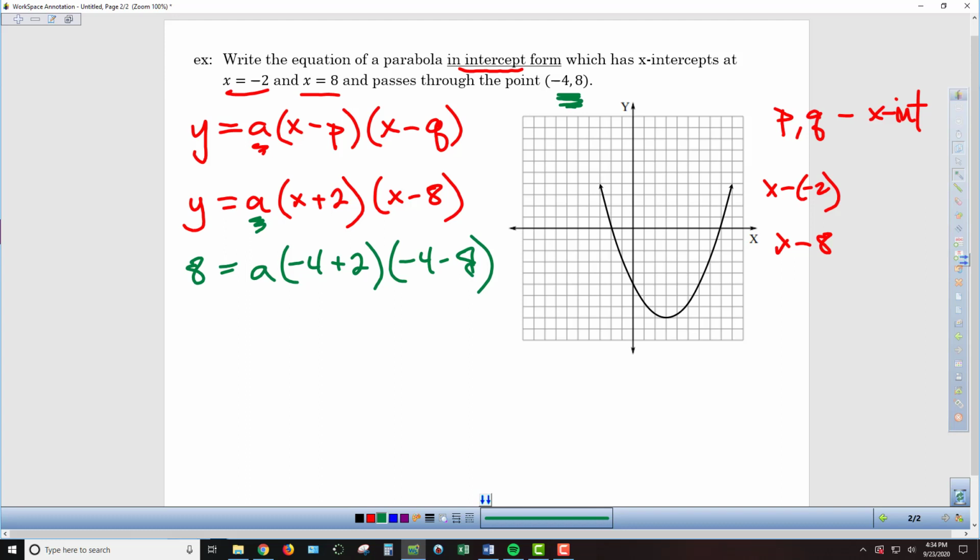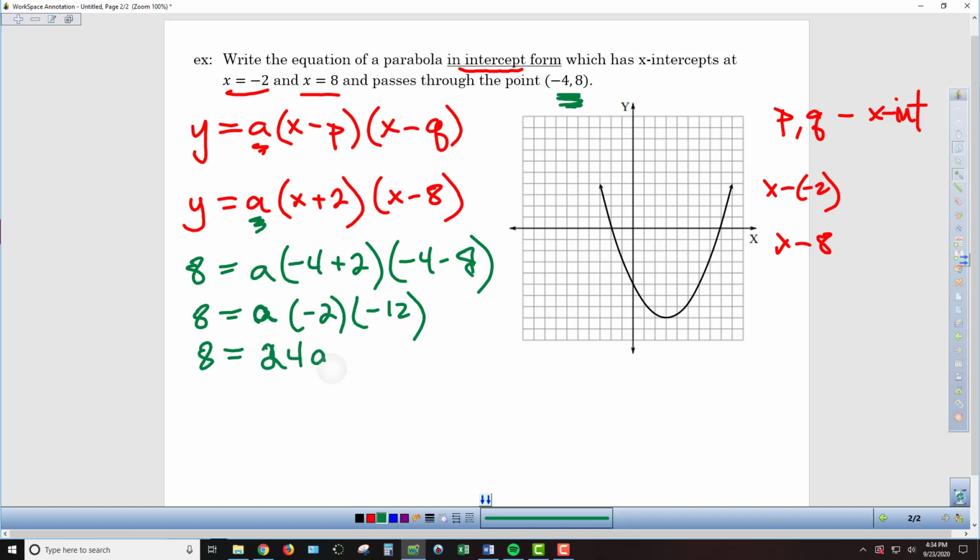I've got some arithmetic to do, so I still have this a out front. Negative 4 plus 2 is negative 2. Then negative 4 minus 8, so negative 4 plus negative 8 gives me negative 12. I'm going to keep going with my arithmetic here. Negative 2 times negative 12 is positive 24.